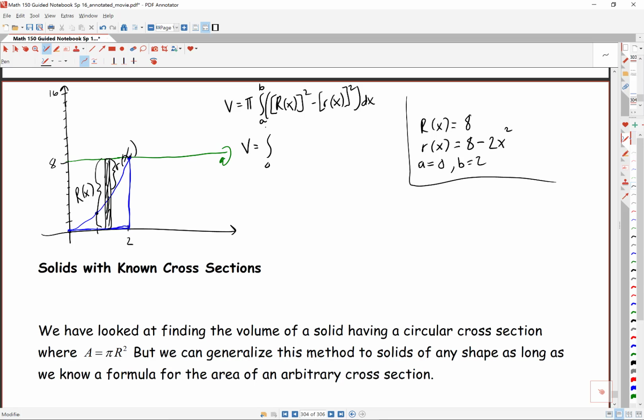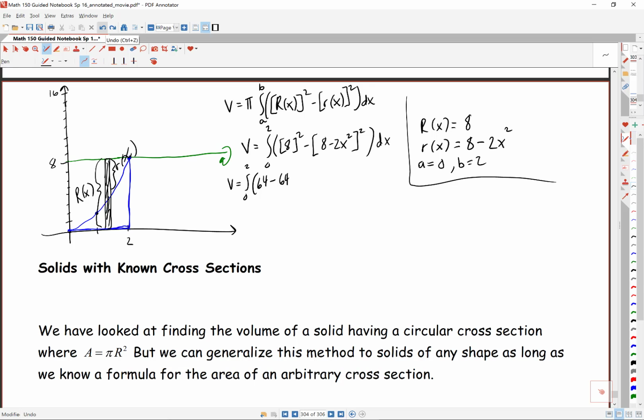And our volume will be integral from 0 to 2 of 8 squared minus 8 minus 2x squared with respect to x. So crunching that out a bit, we'll have the integral from 0 to 2 of 64 minus 64.